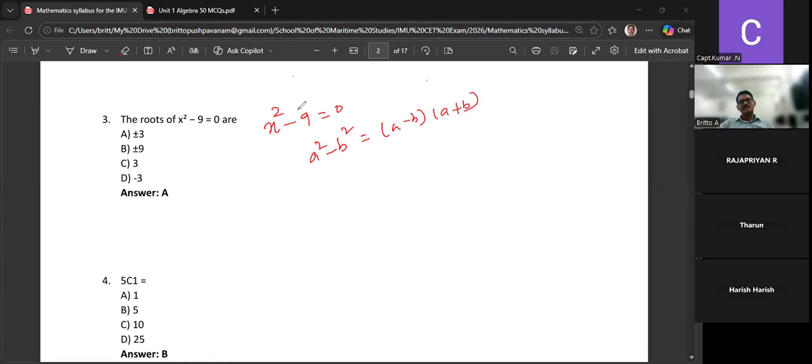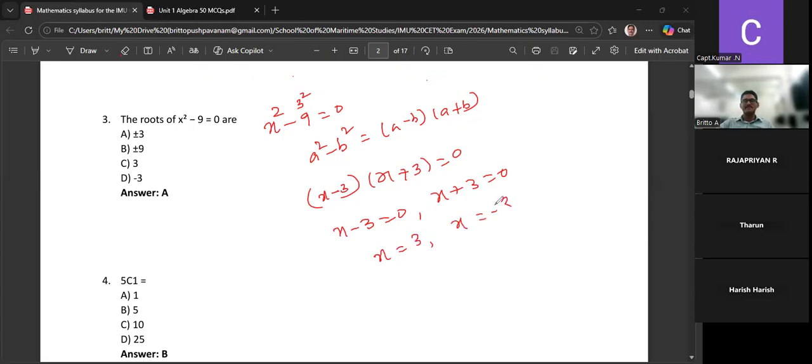So we write 9 as 3 squared. You can write this as (x minus 3) into (x plus 3) equals 0. There are two factors, so x minus 3 equals 0 and x plus 3 equals 0. From that you can find the x values, which are plus 3 and minus 3.